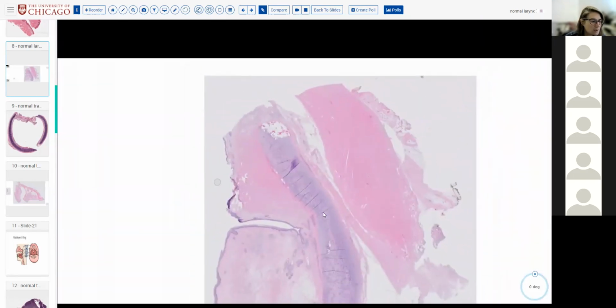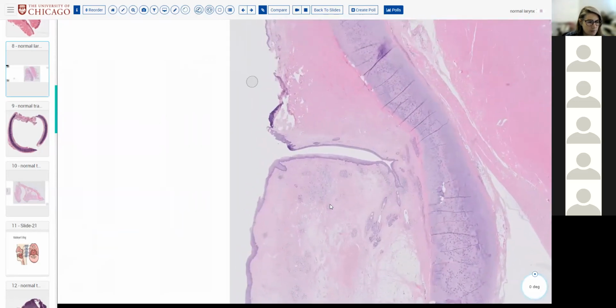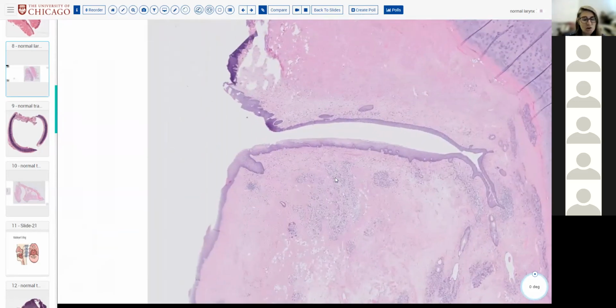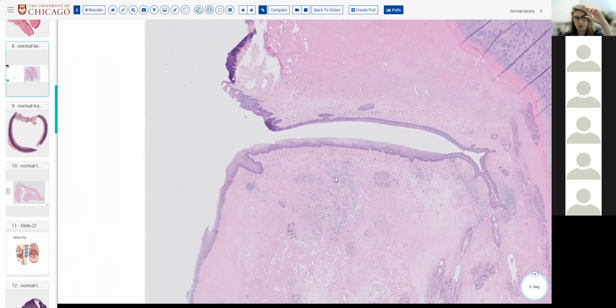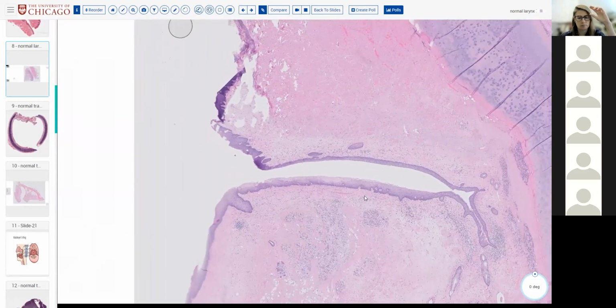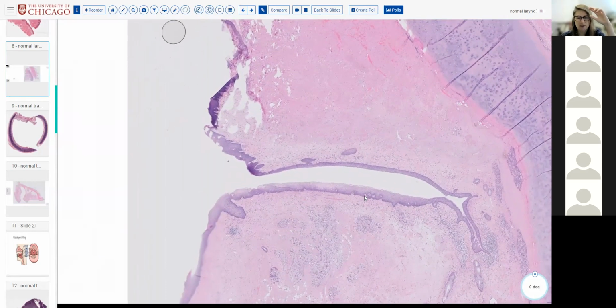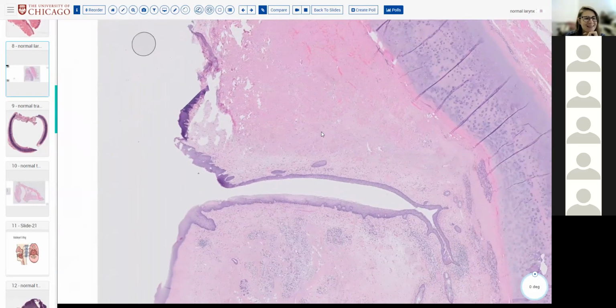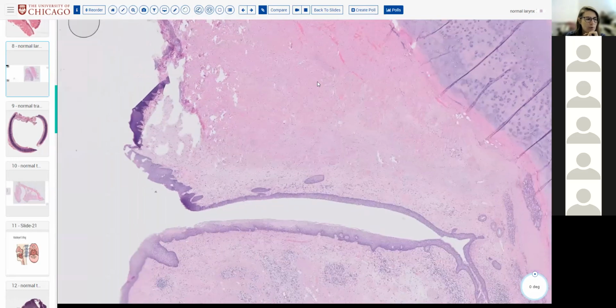Okay. So does anybody want to tell me in the larynx, which cord is on top, the false or true? False. So then the true is on the bottom. Okay. So in this section of larynx, is the top cord the true cord, or is the top cord the false cord, and why?